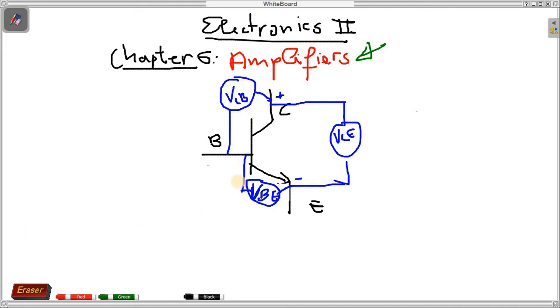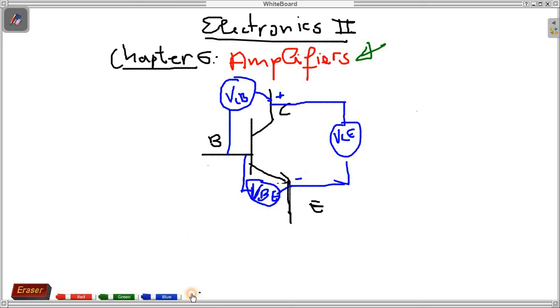And this is if I'm representing the variable voltage, the voltage that we can measure across the transistor. This is in terms of voltage.